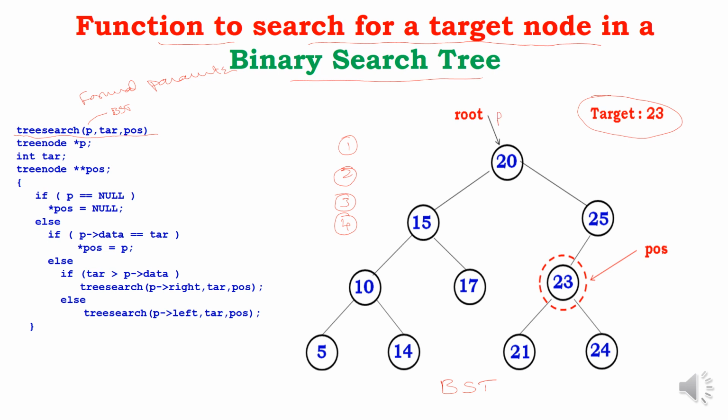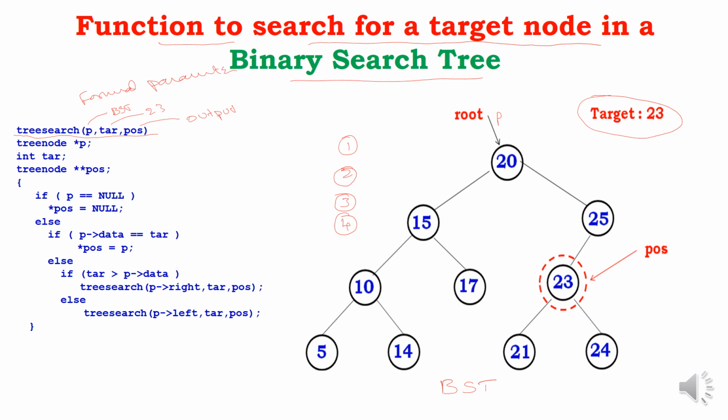Inside the function, it is P. Then the target, 23: we are going to search for a node with 23. Then position, which is the output: a pointer pointing to the target node if it exists. If it exists, the position pointer has to point to the target node. If it is not found, position becomes null.